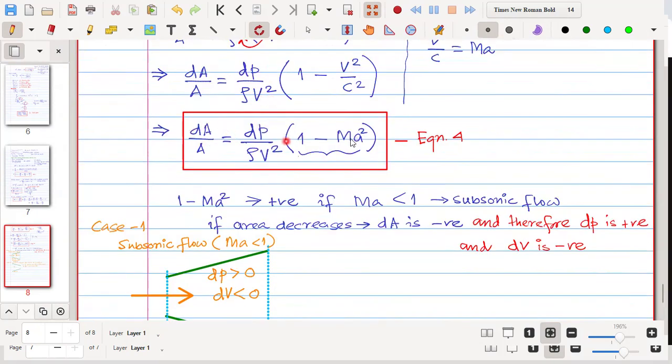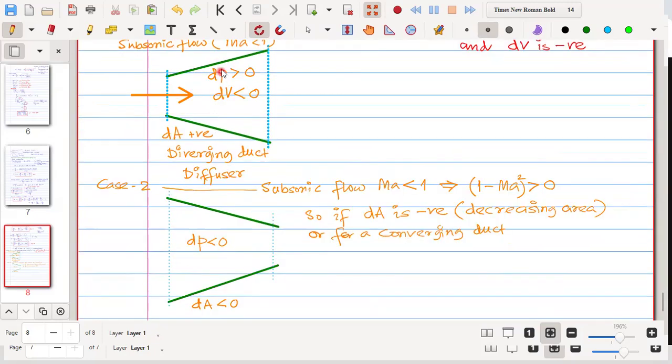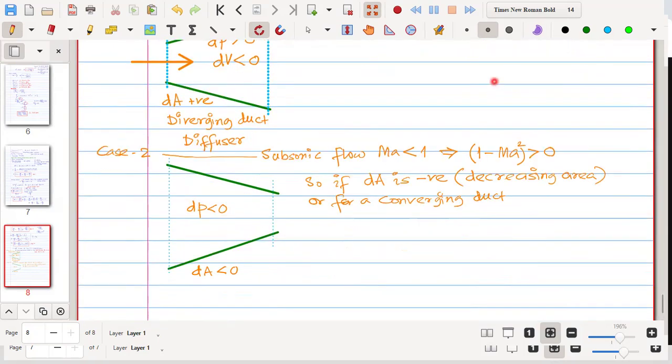Whatever be the sign of dA for a subsonic flow, that will be the sign of dP, simply. And the sign of dV will be just opposite. So dP was increasing in the earlier case, now dP will decrease and dV will increase. Velocity will increase, and this will be called a nozzle.